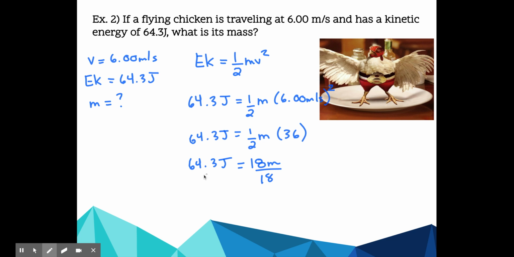And how do I get rid of multiply? I divide. You could have done this algebra a couple different ways, but this is the approach I took this time. And m should equal 3.5722 kilograms. I get 3 sig digs based on my numbers originally, so 3.57 kilograms for mass. Oh, forgot the kilograms.